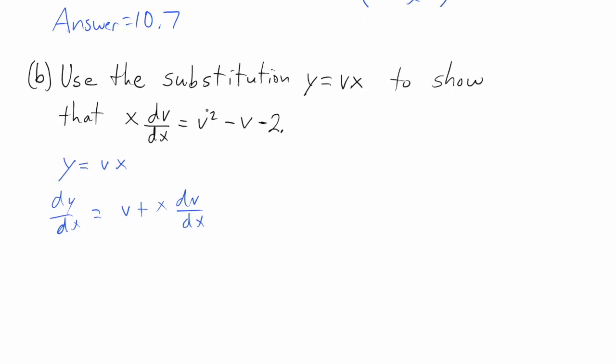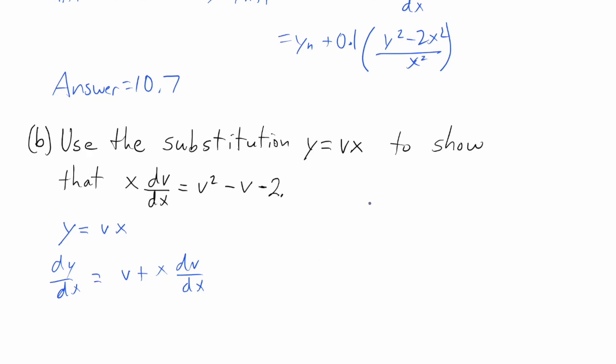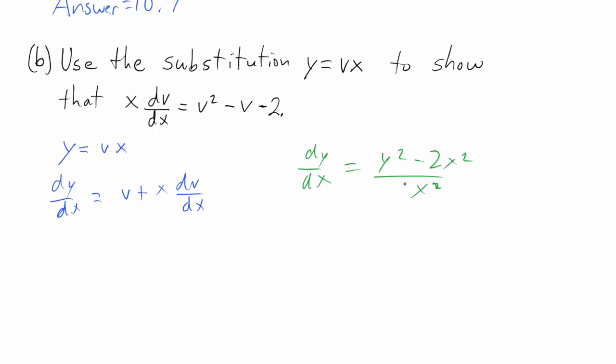And then we do a substitution on this equation here. So we have, let me do it over here on the side. We have dy/dx equals y squared minus 2x squared over x squared. So you want to get it in the form of f of y over x. So you want to actually divide both these by x squared. dy/dx equals (y over x) squared minus 2 if we divide by x squared, right?